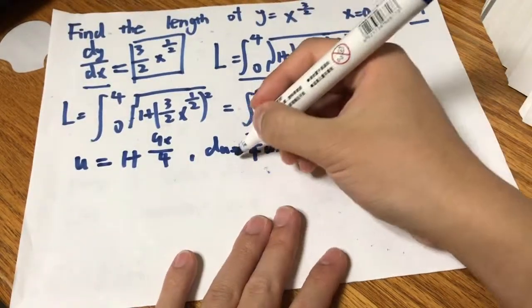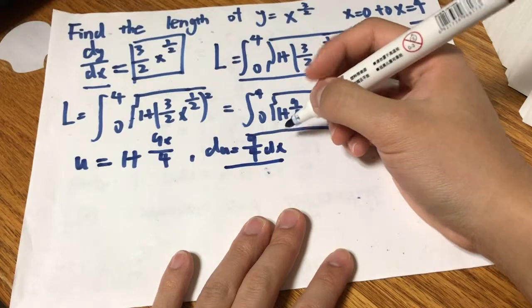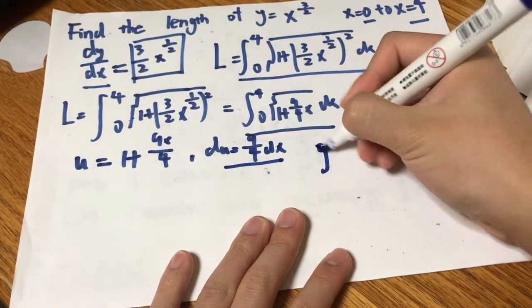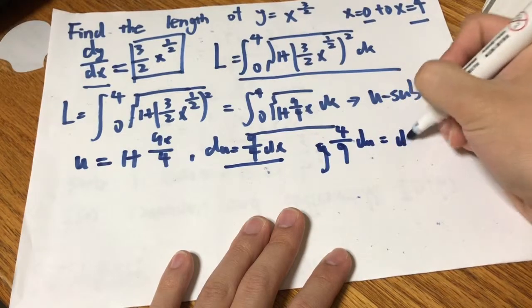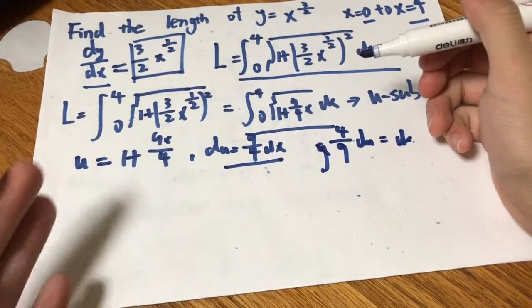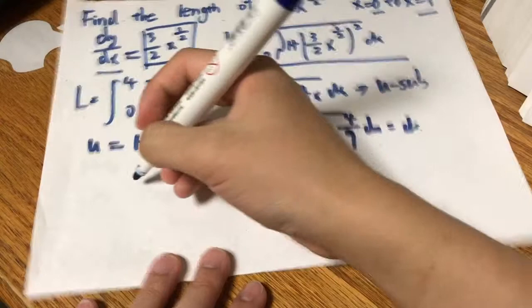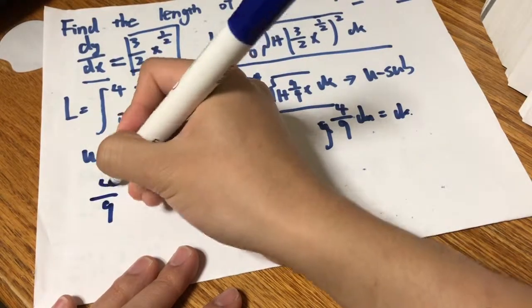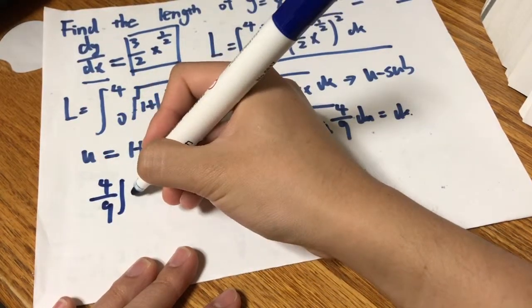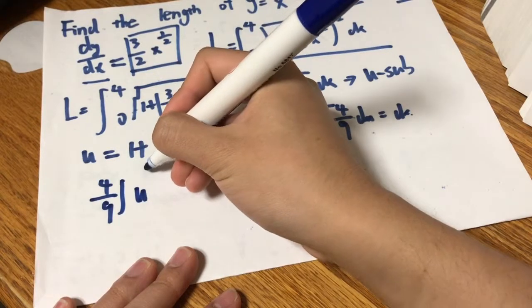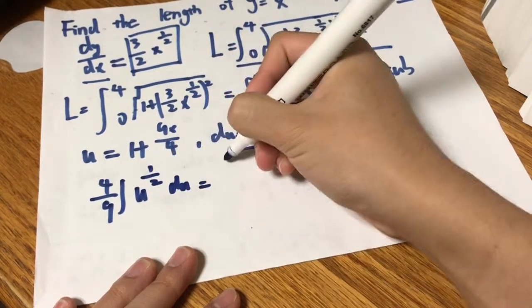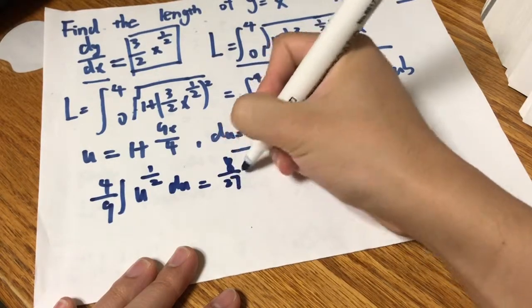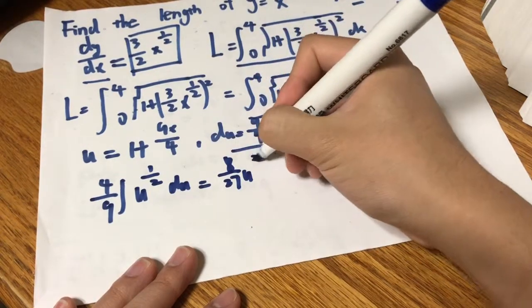And so after doing the simple algebra, it will just be 4 over 9 du equals dx. And we just substitute back. So it's gonna be 4 over 9 times the integral of u to the power of 1 over 2 du, which equals 8 over 27 u to the power of 3 over 2.